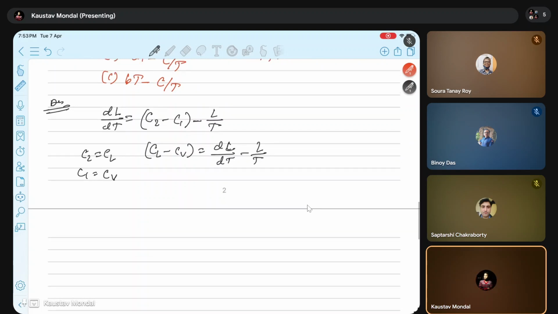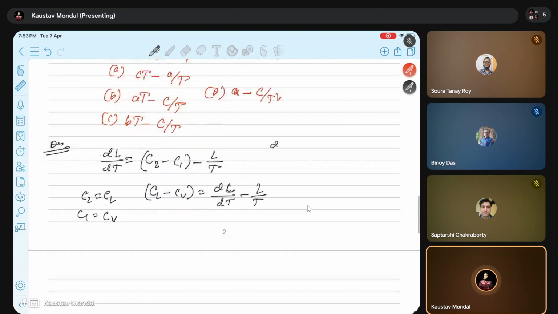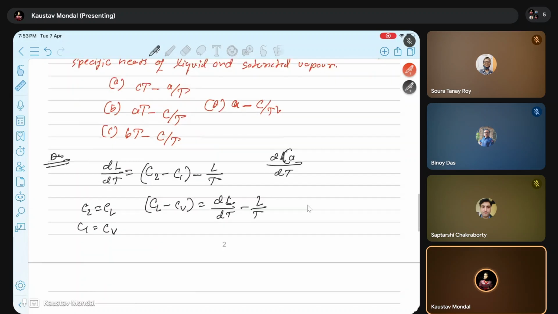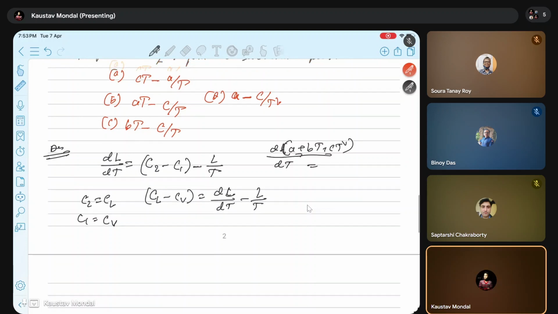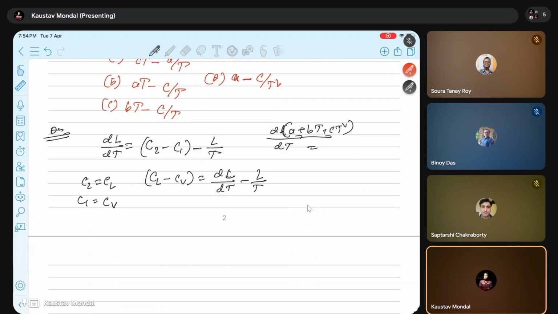Okay. So dL by dT is basically the derivative of this quantity A plus BT plus CT square. This is nothing but B plus 2CT, right?